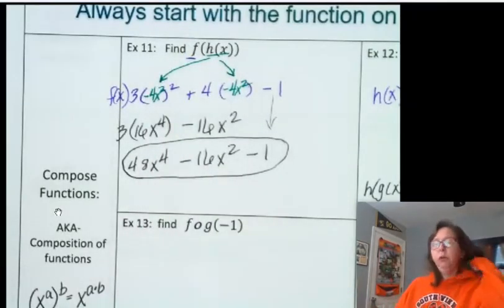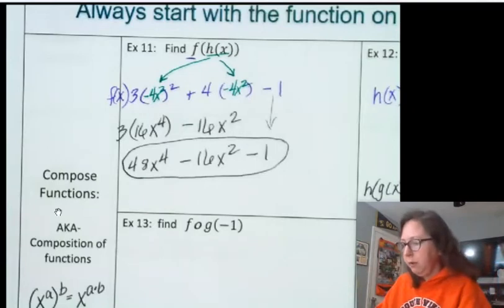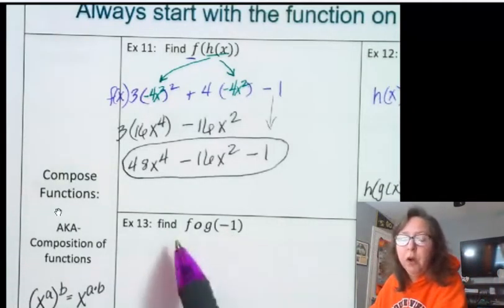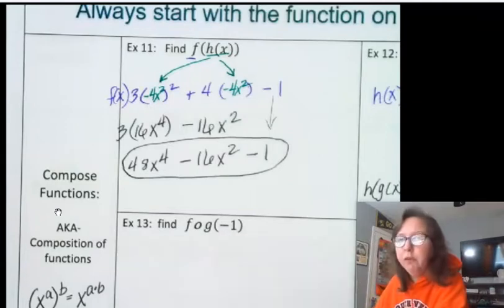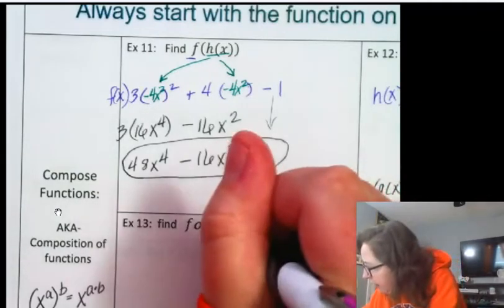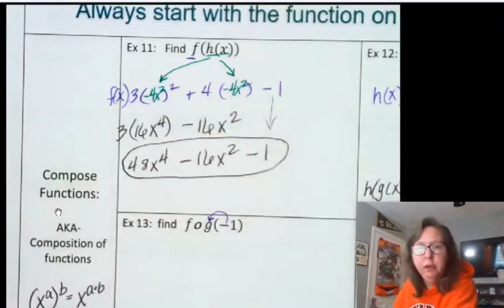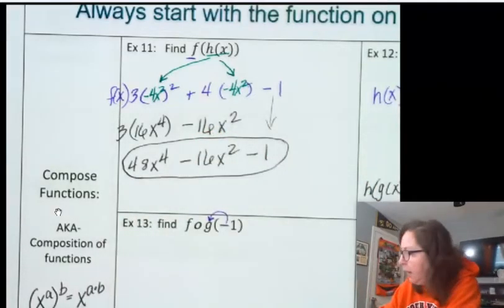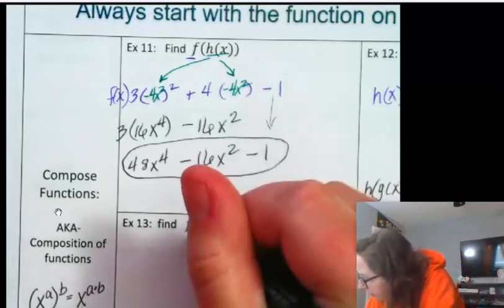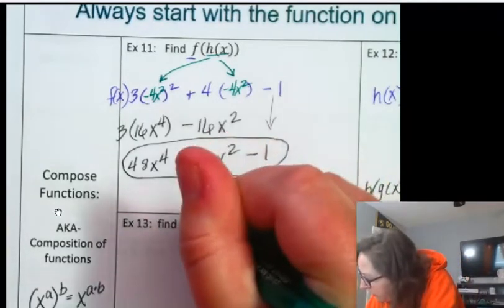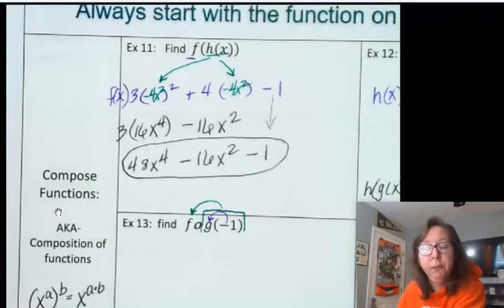So what we're going to do is we always want to work from right back to left. So we're going to take the -1 and plug it into the g function. And then we're going to take all of that and plug it into the f function.